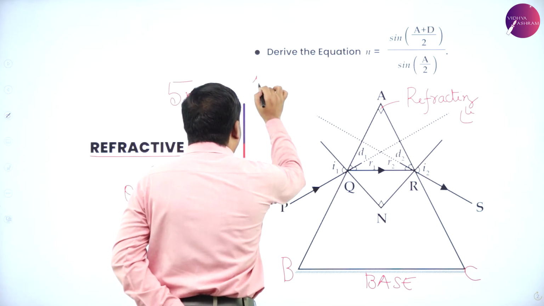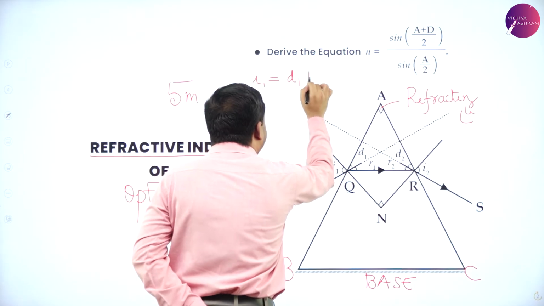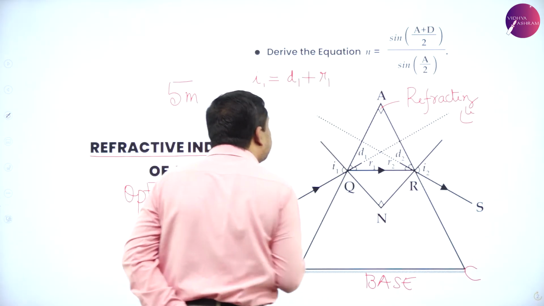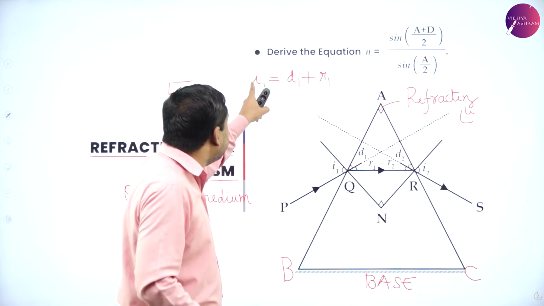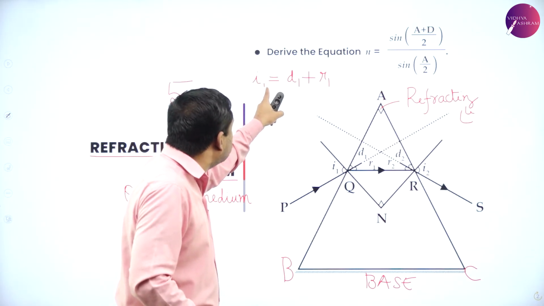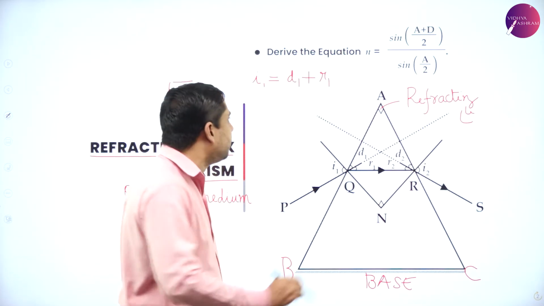Therefore, we can write I1 is equal to D1 plus R1. Follow carefully. I1 is composed of D1 and R1.